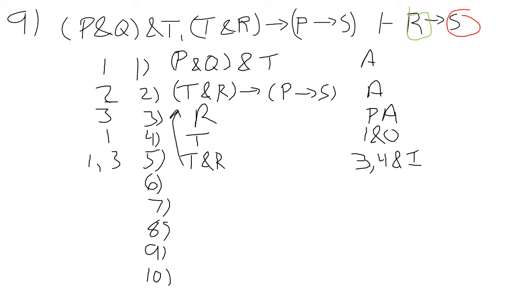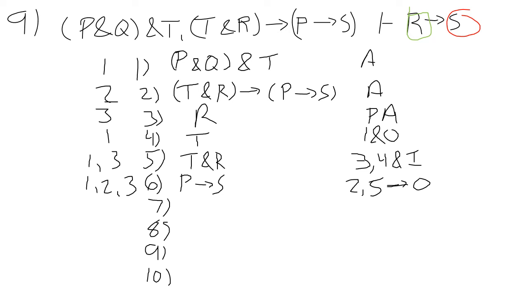Then we can take this, toss it into our conditional statement in line 2 to get our consequent, our P arrow S, from 2 and 5, arrow out. Let's see, 1, 2, and 3. Then we need to get this S out.